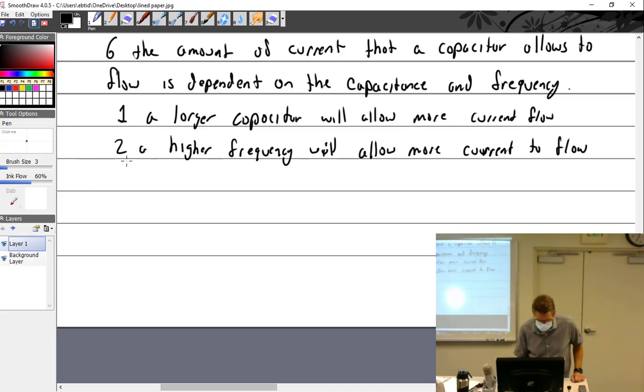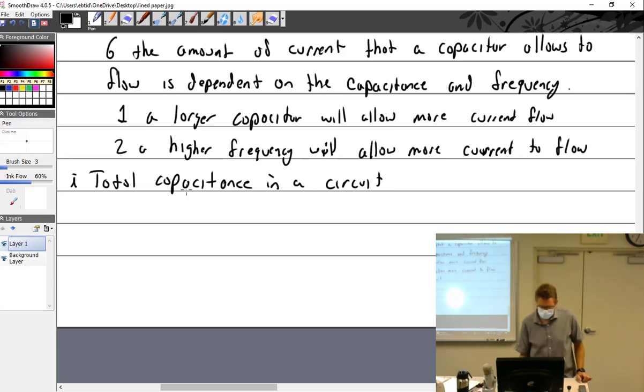Total capacitance in a circuit. We always do series first, right?